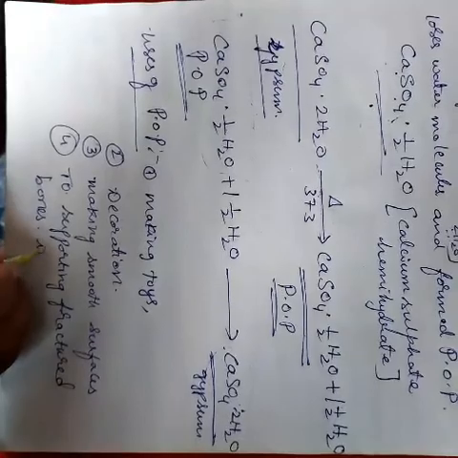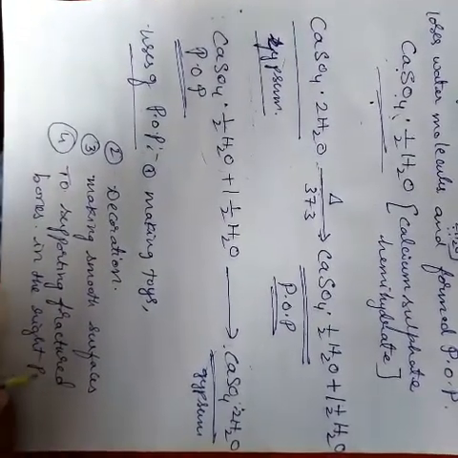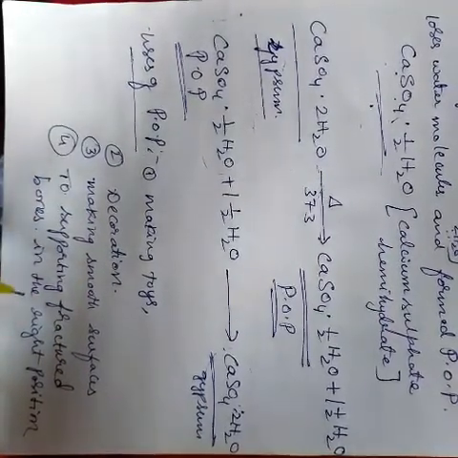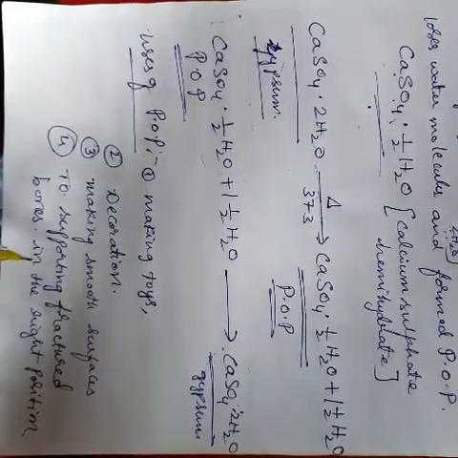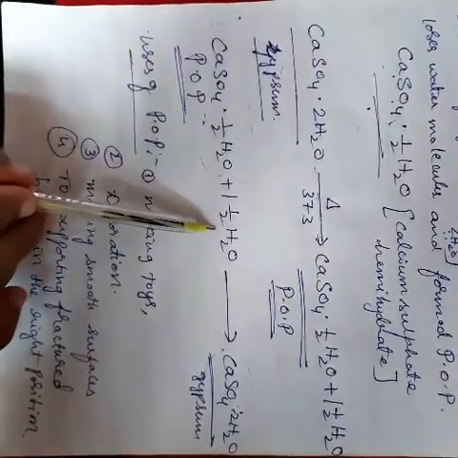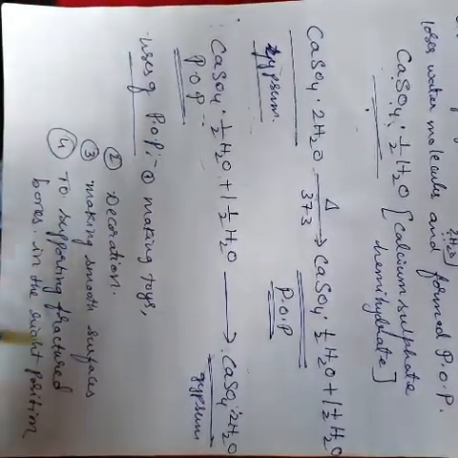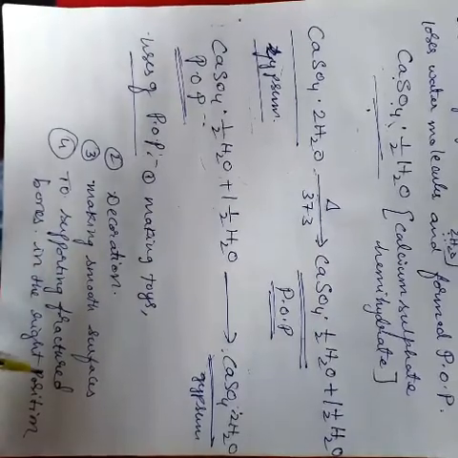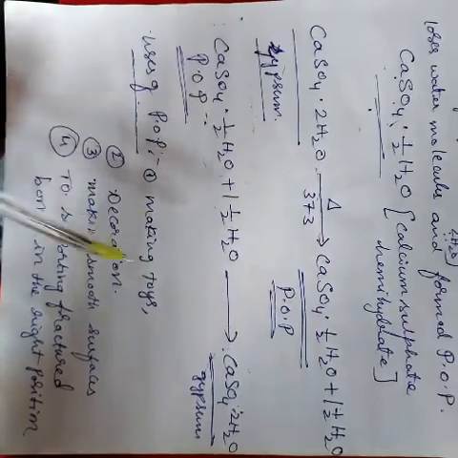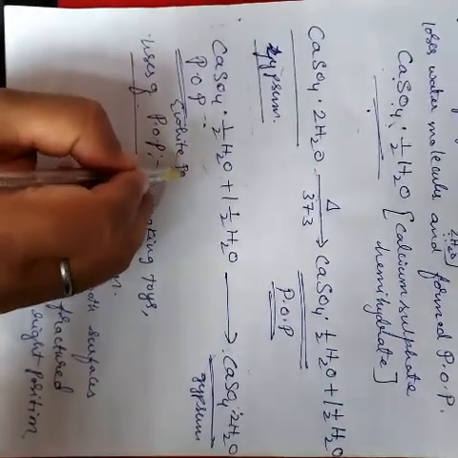If a bone is fractured, POP is used with some water mixed, 1.5 molecules of water, and then it becomes a plaster supporting the bone in the right position. These are the uses of POP. The color of POP is white, a white powder.